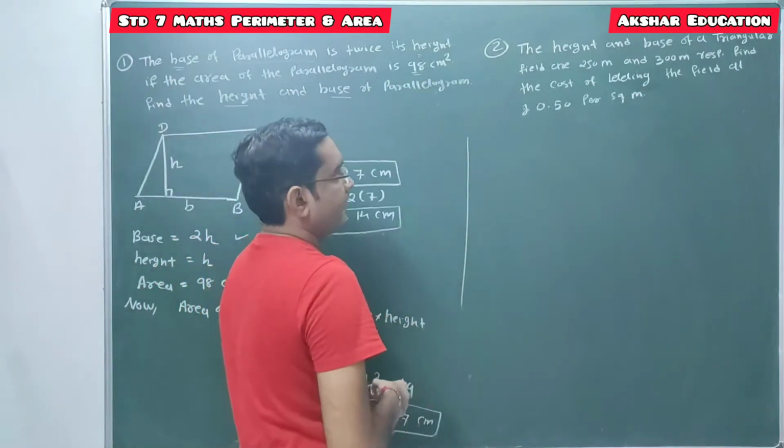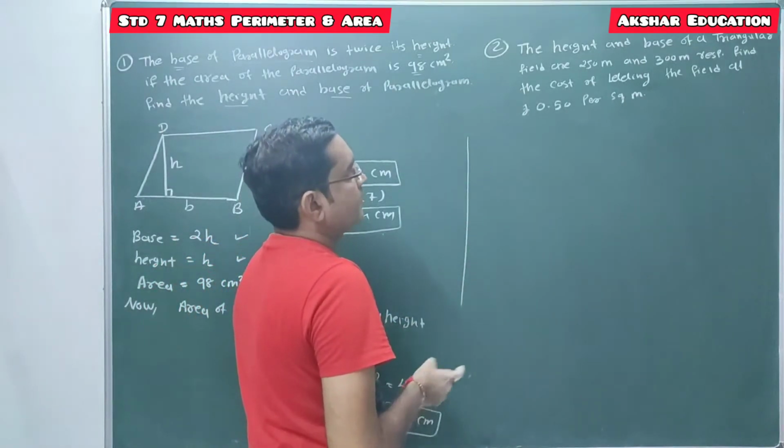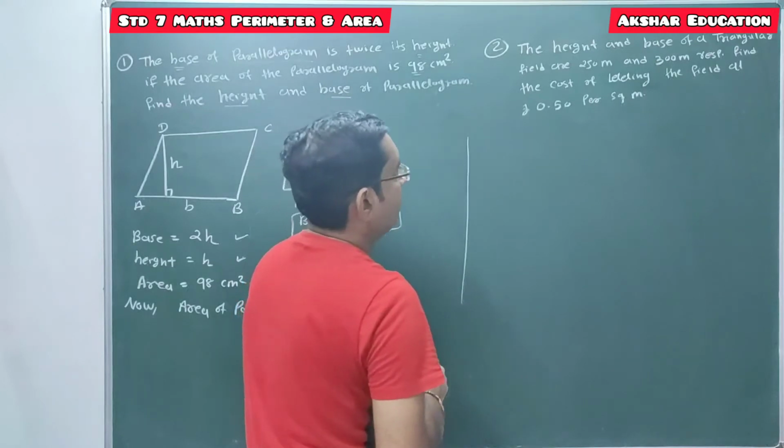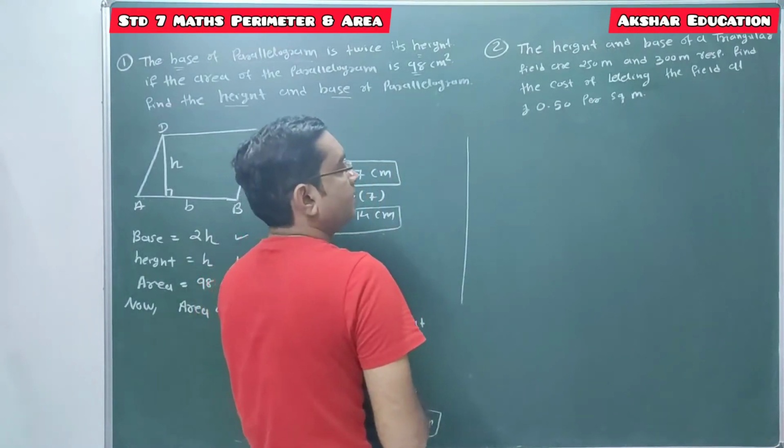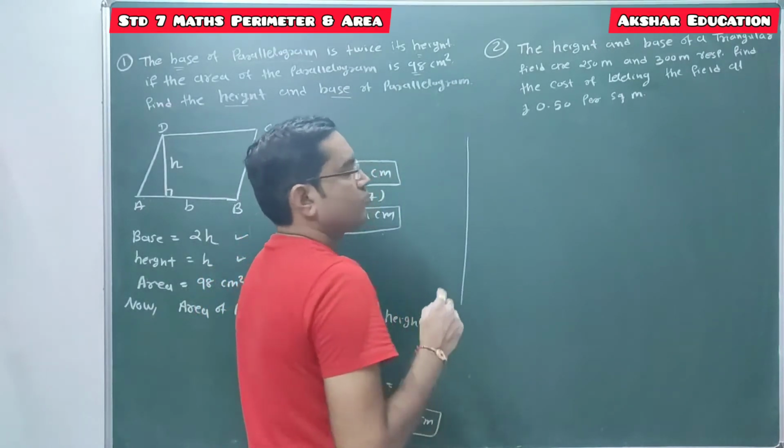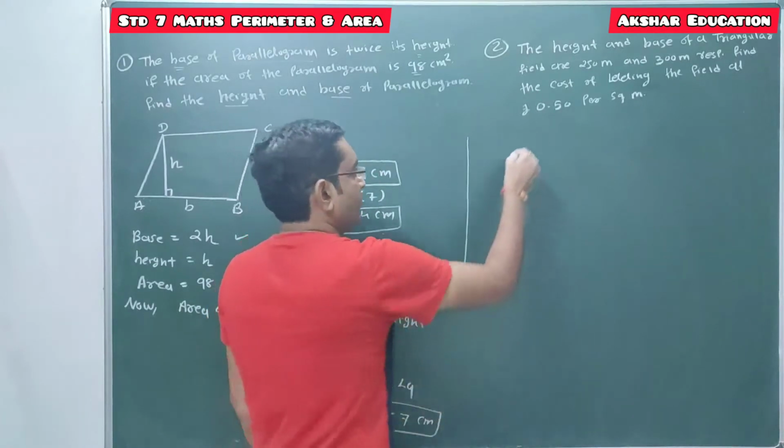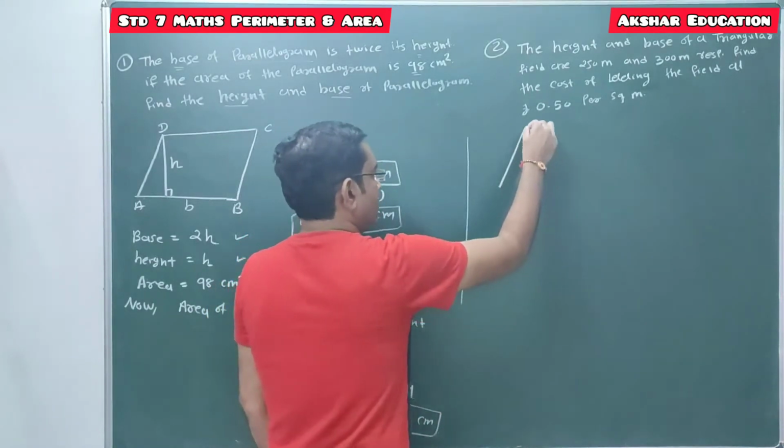Now try next sum. So here height and base of triangular field are 250 meter and 300 meter respectively. So triangular field is there. So first you have to draw triangular field. That is nothing but the triangle.